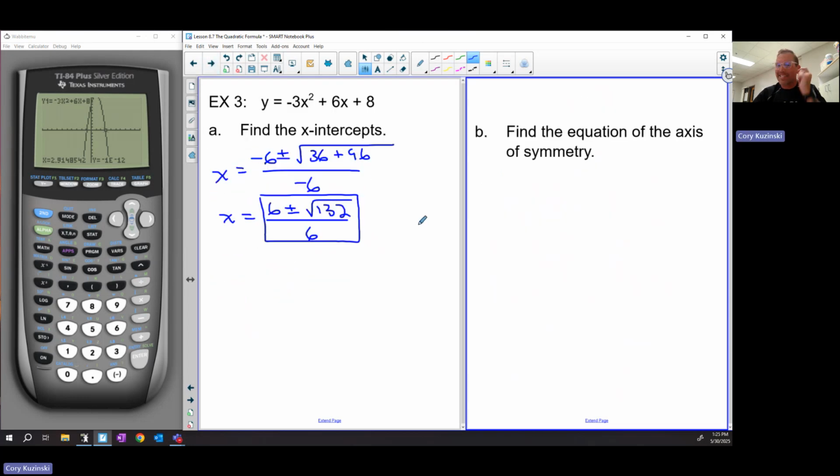Find the equation of the axis of symmetry. Well, the axis of symmetry is when you add the two roots together and then divide by 2, or take half of it, right? So let's just get a little secret out of here. The axis of symmetry is x equals 1/2 times the two roots added together.